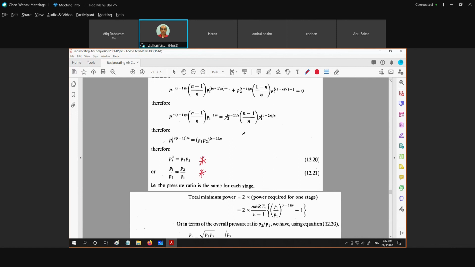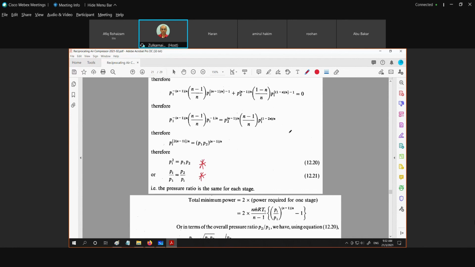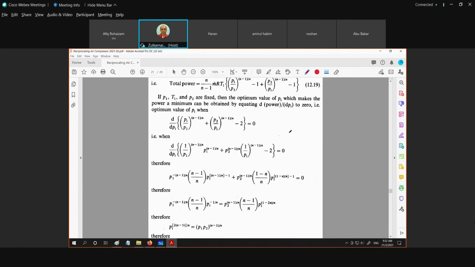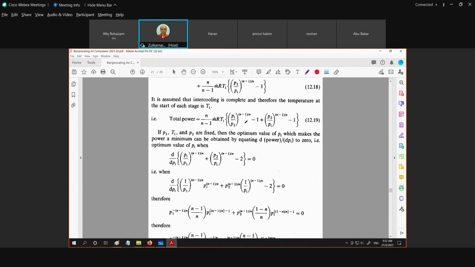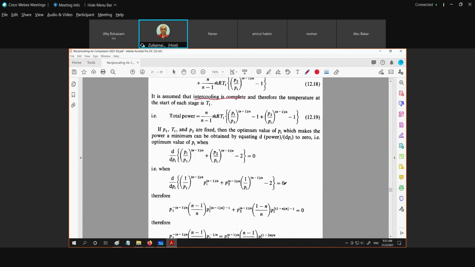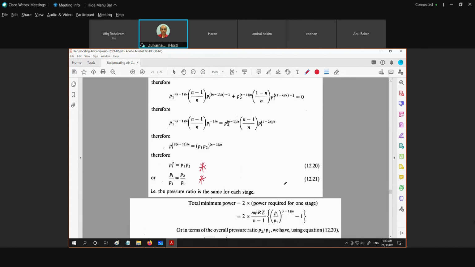Ingat, before we differentiate this equation, kita dah letakkan di sini complete intercooling tau. Kita dapatkan PI tu based on the intercooling is complete. Therefore, based on that complete intercooling, kita akan dapati pressure ratio-nya adalah sama.